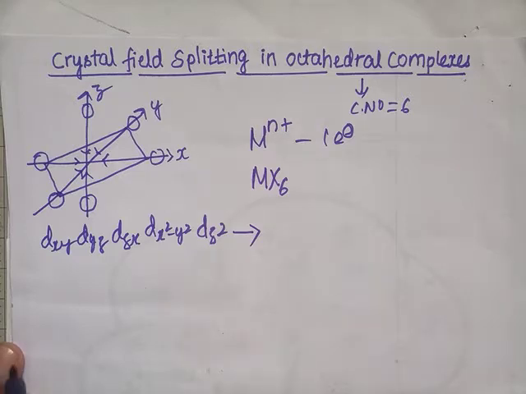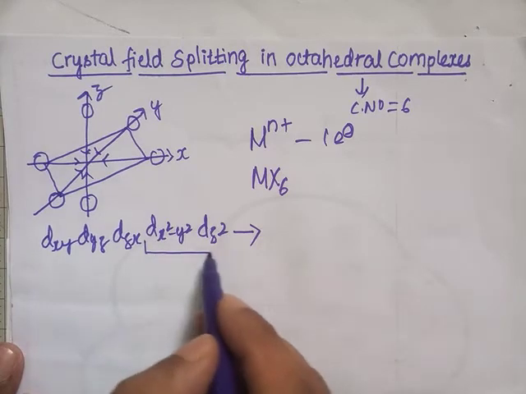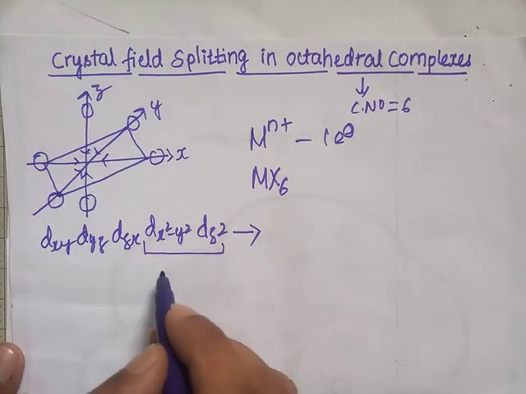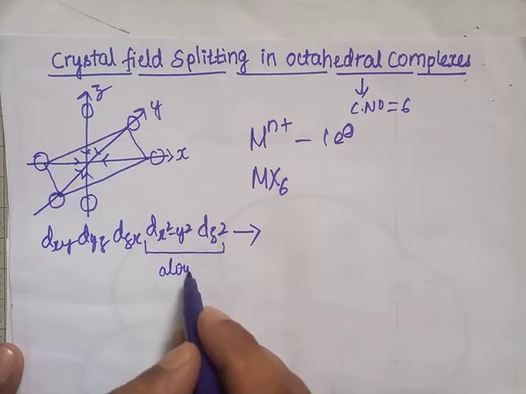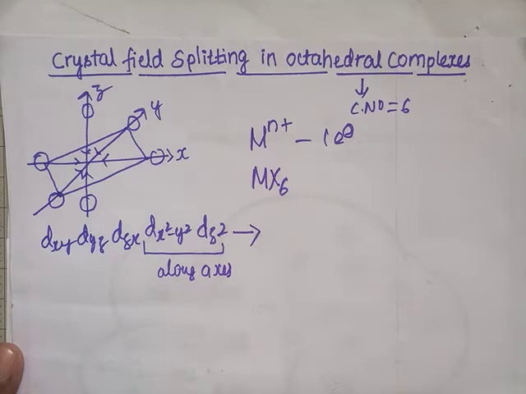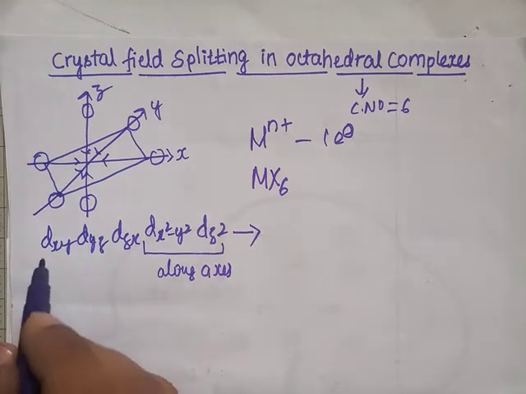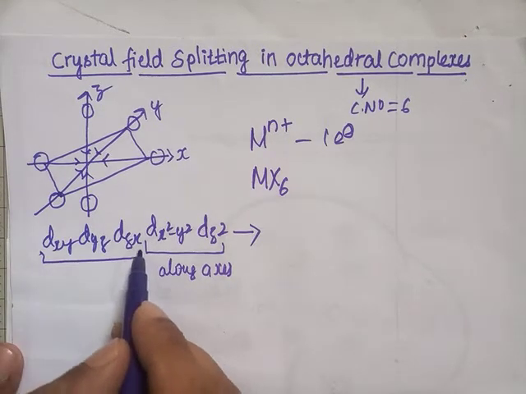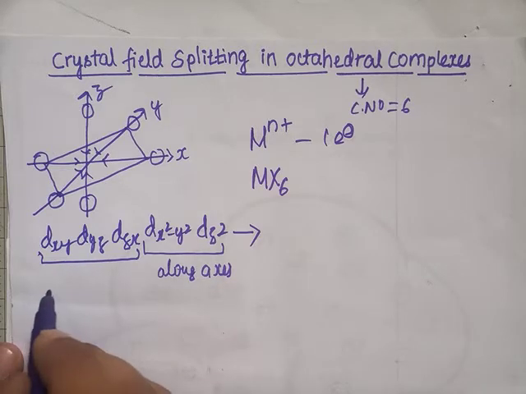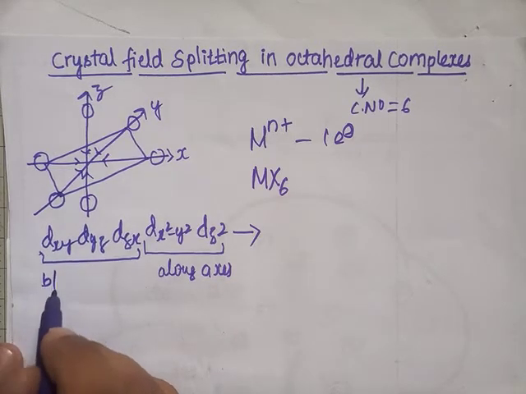Out of the 5 d orbitals, these 2 d orbitals are oriented along the axis, and the remaining 3 d orbitals are oriented in between the axes.